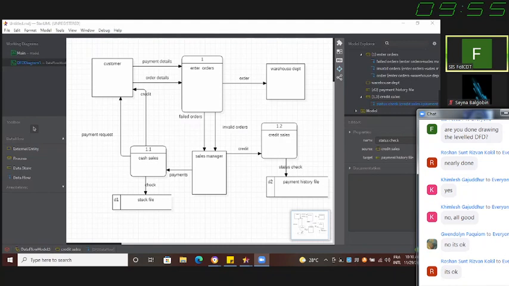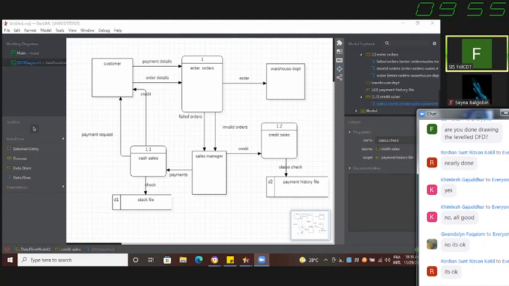Now you say cash sales, credit sale. Okay. So if you have a customer, and payment is coming from the sales manager, the sales manager cannot pay for your customer. So it's not correct.